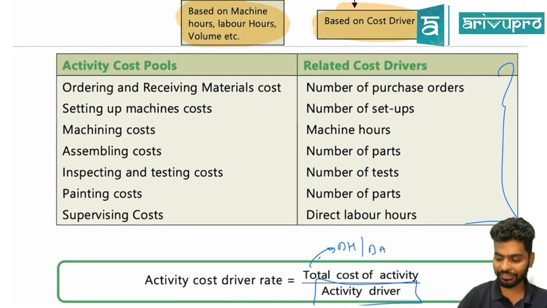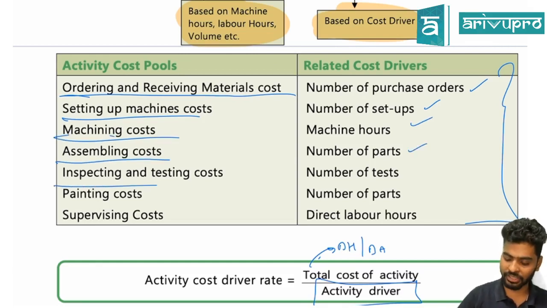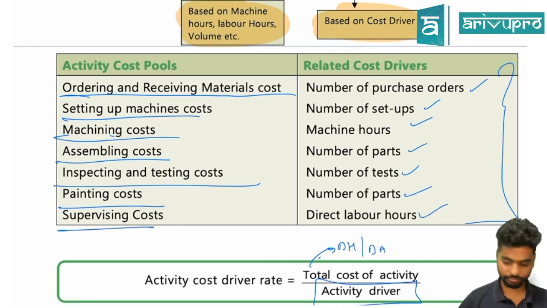Now what are the activity drivers? For material ordering, it will be the number of orders. Machine setup cost, number of times the machine has been set up. Machining cost, machine hours. Assembly cost, number of parts. Testing, number of tests. Painting and supervising, number of labor hours.